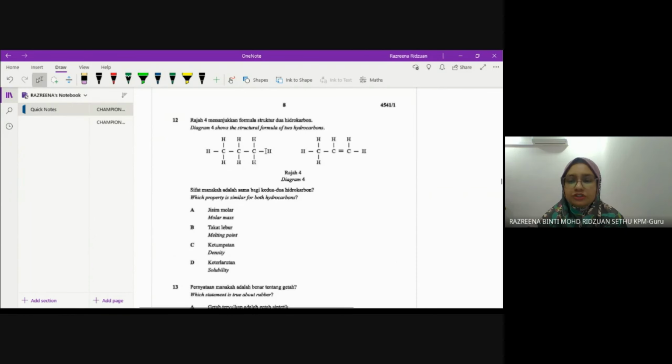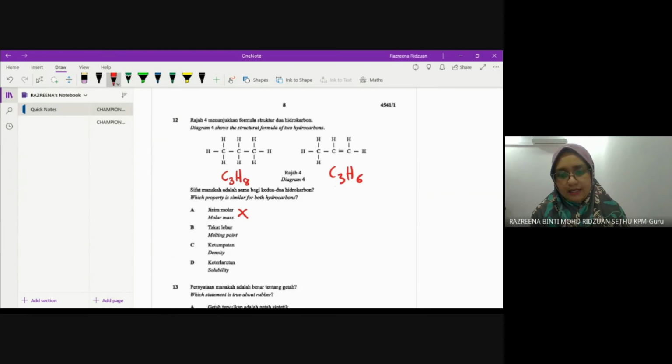All right. Next is question 12. Diagram shows the structural formula for 2 hydrocarbons. Which property is similar for both hydrocarbons? The first one, molar mass. Definitely they don't have the same molar mass because this one has 3 carbon and 8 hydrogen, and this one has 3 carbon and 6 hydrogen. So their molar mass is not the same.